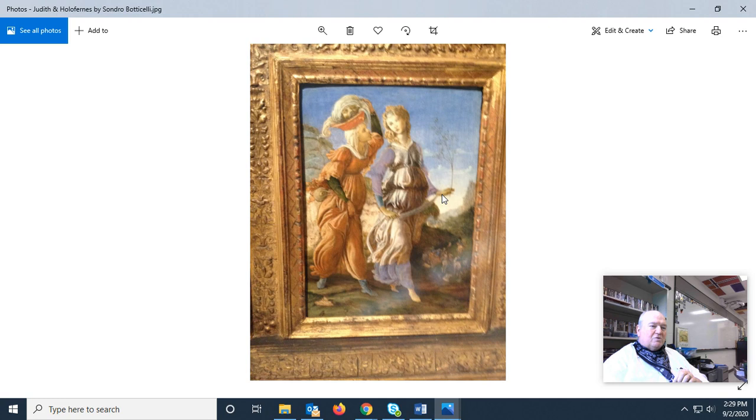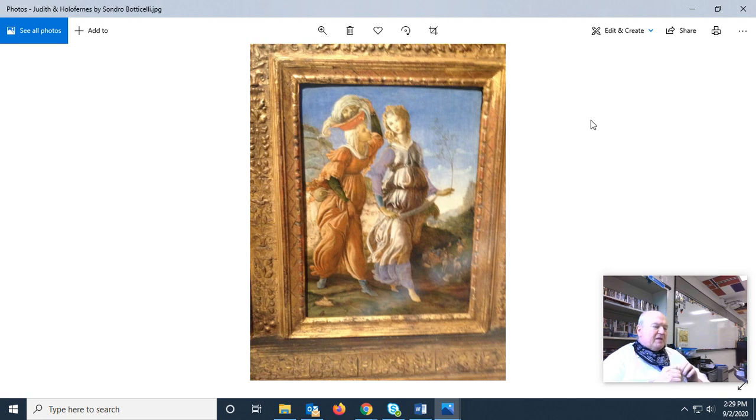And that's the sword. Now, this story about Judith and Holofernes will be a common theme in art history. We'll actually look at some other depictions of it. This is not by far the most famous depiction.